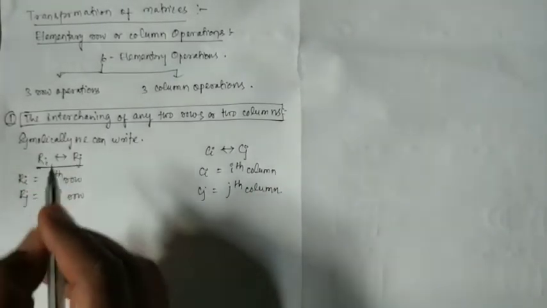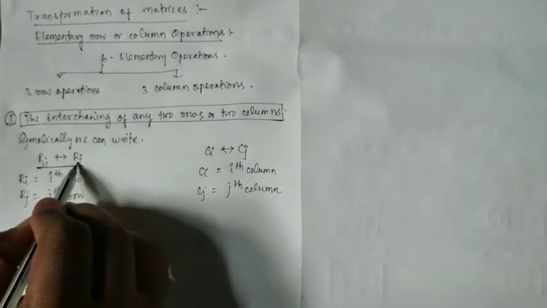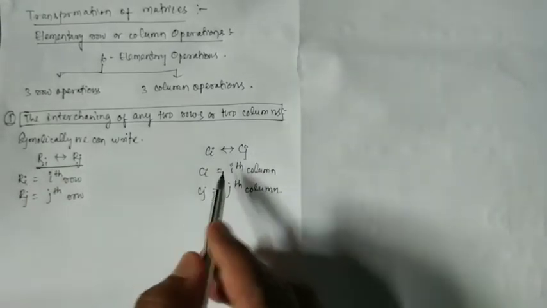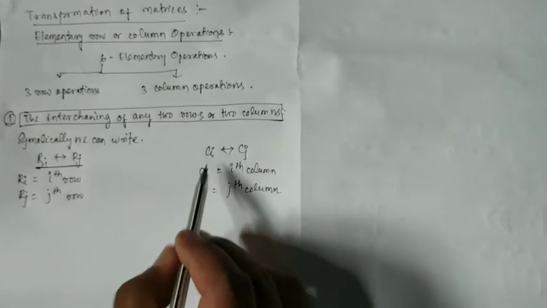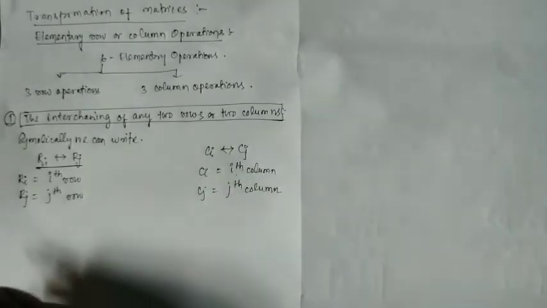This represents that the ith row is interchanged by the jth row. That means this is an elementary row operation. Similarly, here Ci interchanged by Cj represents that the ith column is interchanged by the jth column.